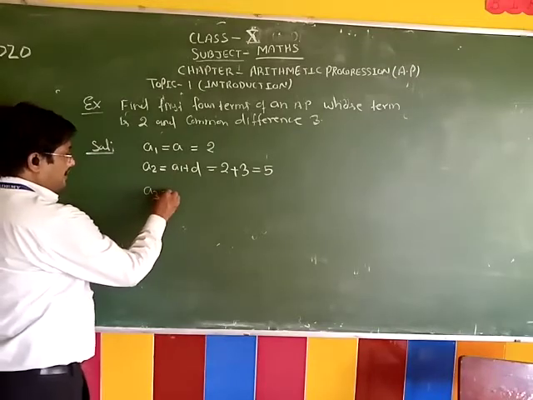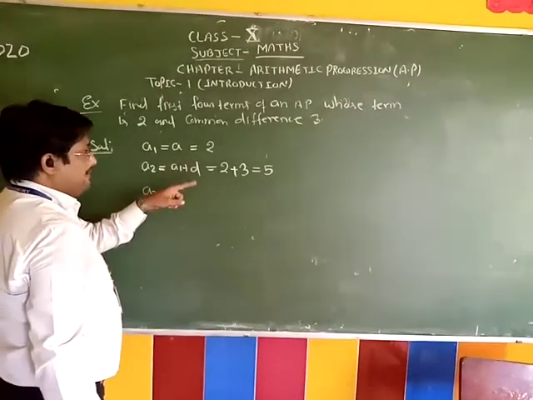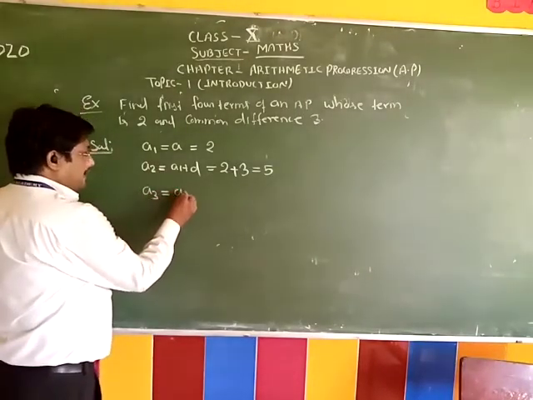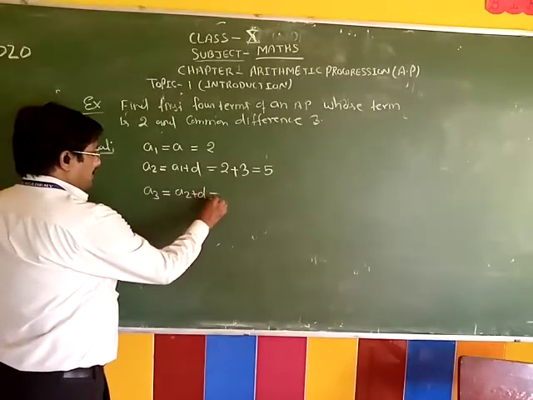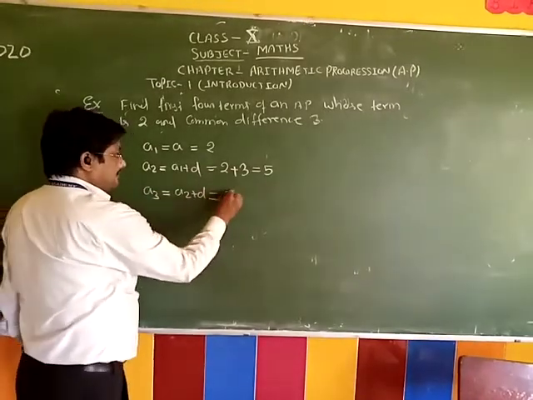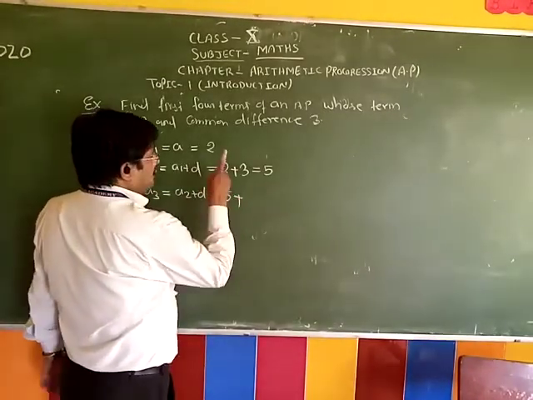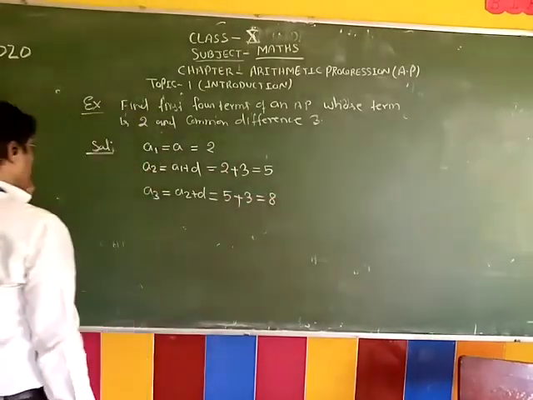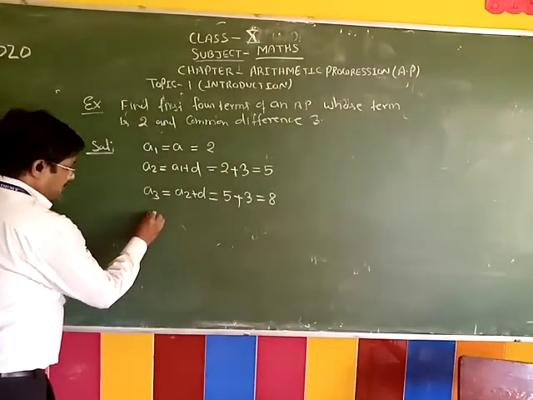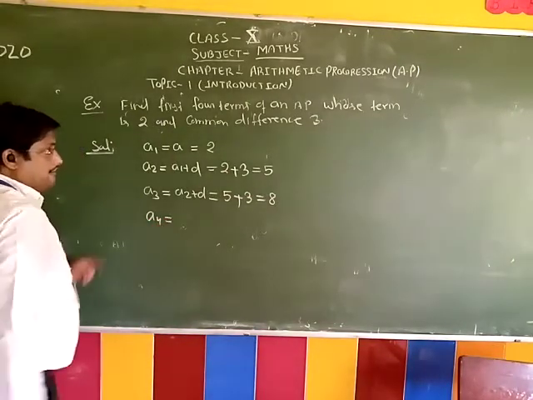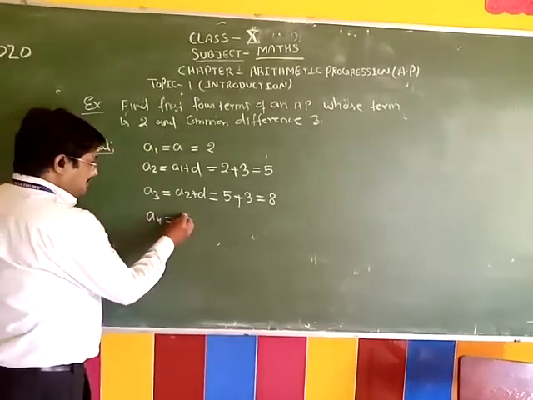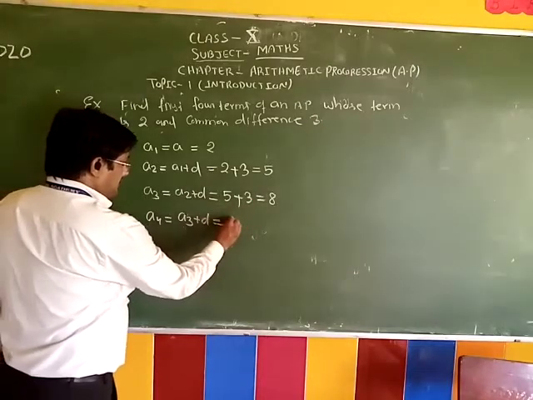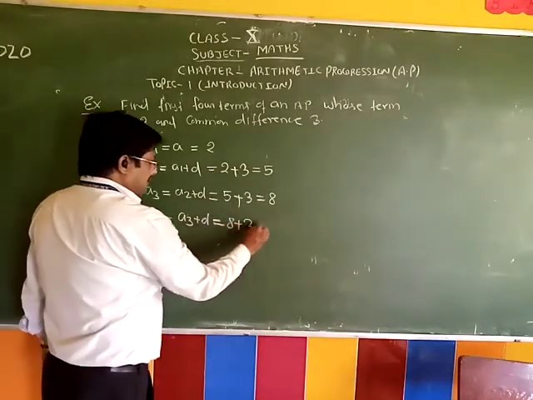Now obtain the third term A3. A3 is obtained by adding the common difference to the preceding second term. A3 is equal to A2 plus D. The value of A2 is 5 plus the value of D, 3, is 8. Now find the fourth term A4. A4 is obtained by adding the common difference to the preceding third term, A3 plus D. The value of A3 is 8, plus 3 is 11.